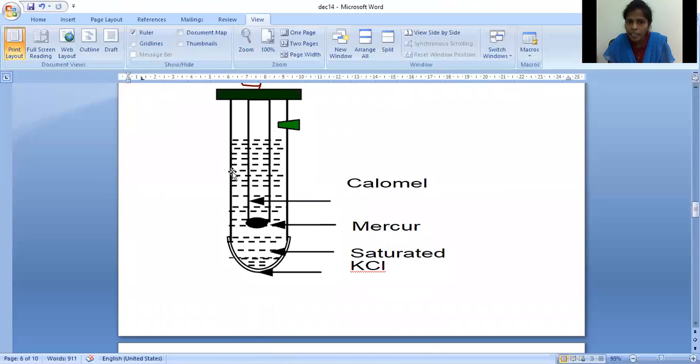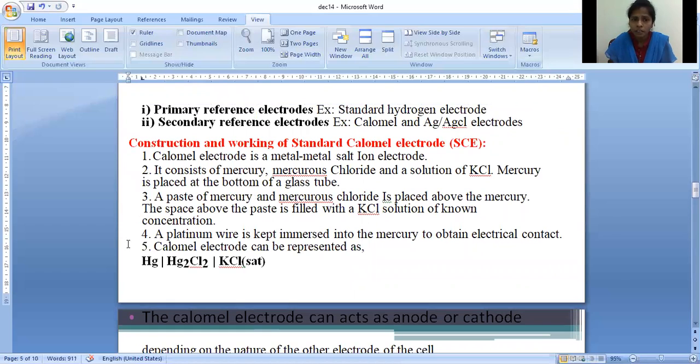So here the entire tube is filled with the concentrated potassium chloride solution. So what is there at the bottom? At the bottom we have the mercury. Above the mercury we have mercury mercurous chloride paste, and the tube is filled with the concentrated potassium chloride solution. So I will explain later why we are using the concentrated potassium chloride only here. Yes, and a platinum wire is kept immersed in the mercury to obtain the electrical contact.